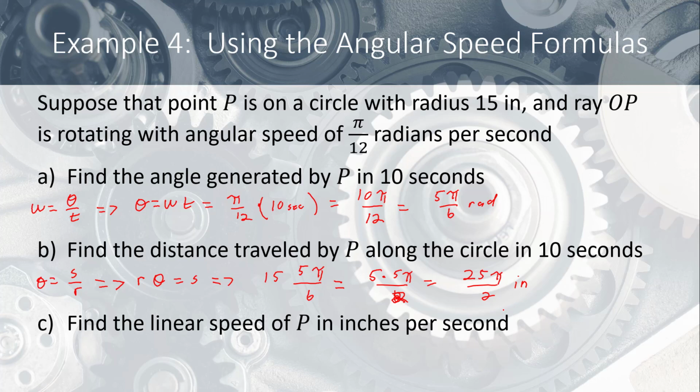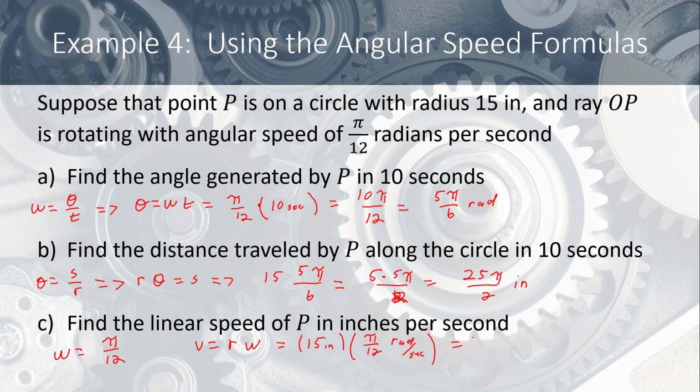And then the last question is, we'll find the linear speed. Okay, well, we know that the angular speed is equal to pi over 12. We also have the formula that the linear speed is equal to the radius times the angular speed. So let's go ahead and substitute. That will give us 15 inches times pi over 12 radians per second.